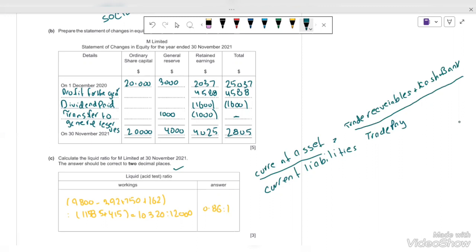The liability which is shorter, less than 1 year, the amount you have to pay, any kind of amount that is owed by you, should be less than 1 year, so it comes under current liabilities. Okay, so there are trade payables or other liabilities.